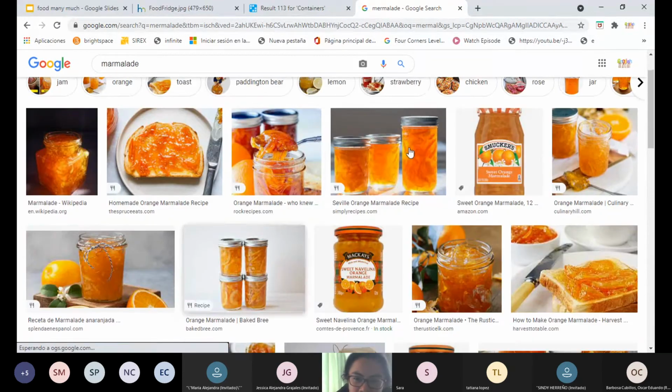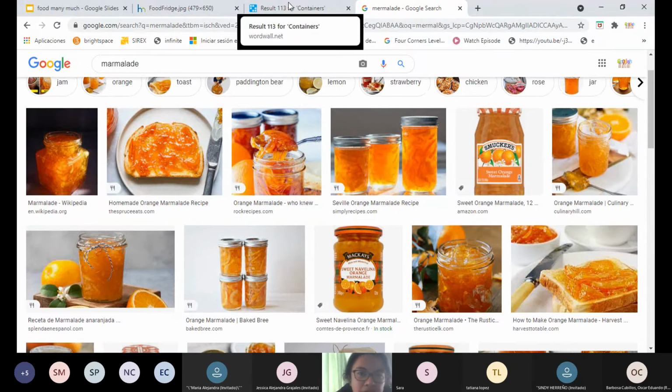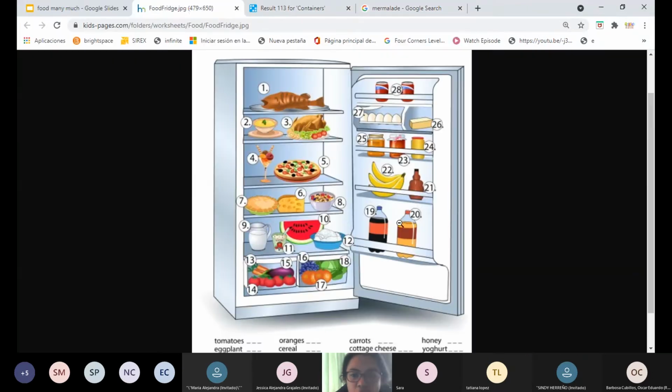That's the difference. But yes, that's the one. So, for the jam, how many or how much? How much. So how much jam is there, Edwin? There is a jar of jam. Excellent, very good.